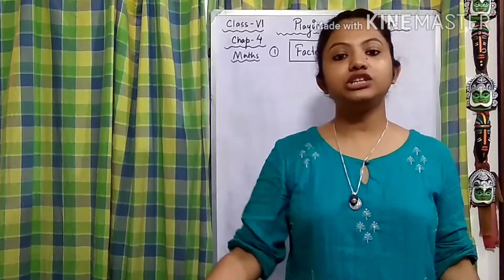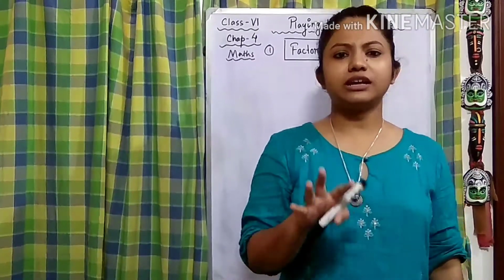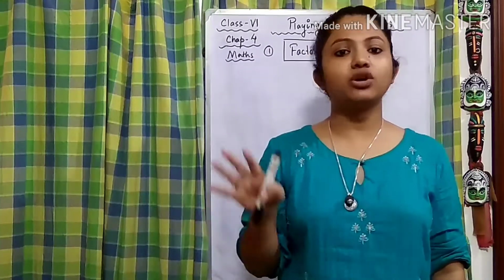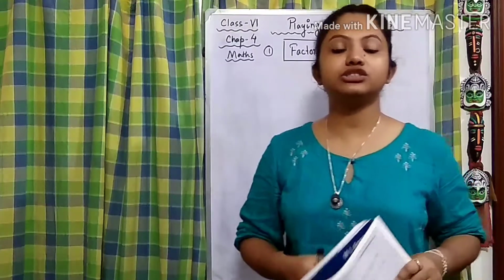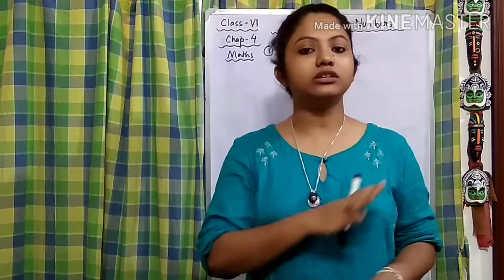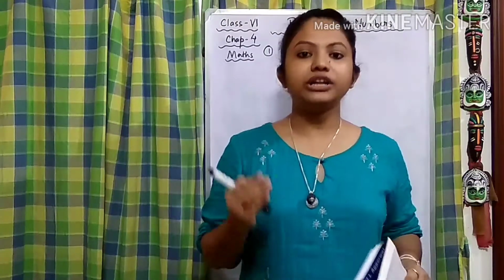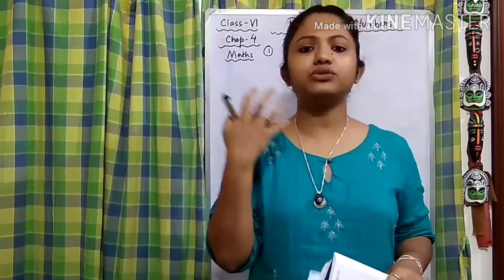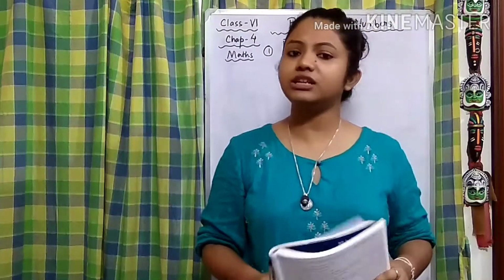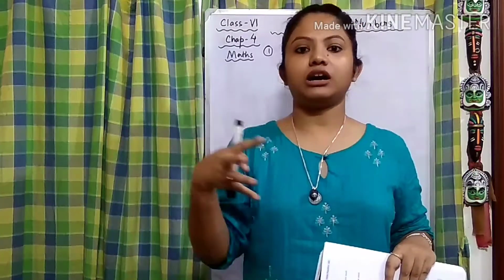Now, to understand what factors are, we need to understand the multiplication. Multiples and factors are all based on the operation of multiplication. We don't require so much definition in maths, but still we should go through it systematically.